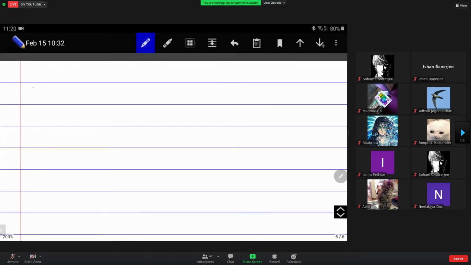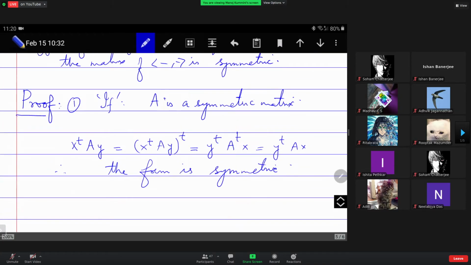So now, okay, all that is being used is that X transpose A Y is a 1 by 1 matrix. Okay. So as I said, when we discuss this, we will ignore the difference between 1 by 1 matrices and scalars. I mean, of course, in this context, we cannot multiply.